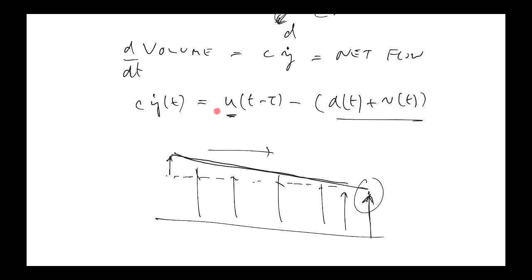In the full models, there are parameters in front of these things as well. And you get a remarkably good match between the behaviour of this model and real data. We get away with it because we only care about the water level down here. We don't care about how it's distributed spatially along the channel.